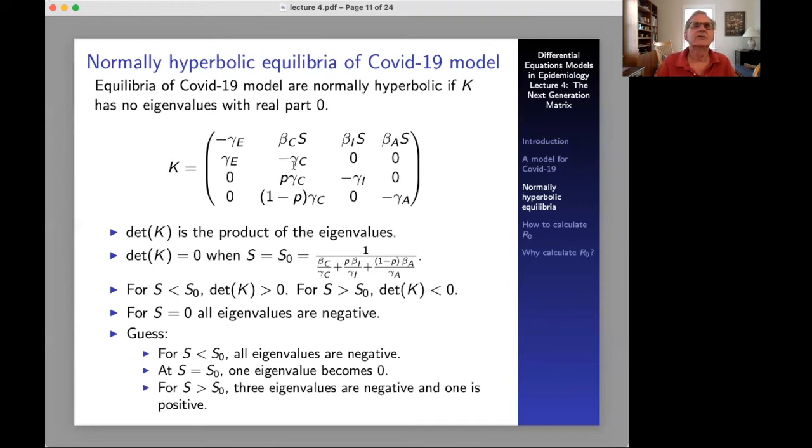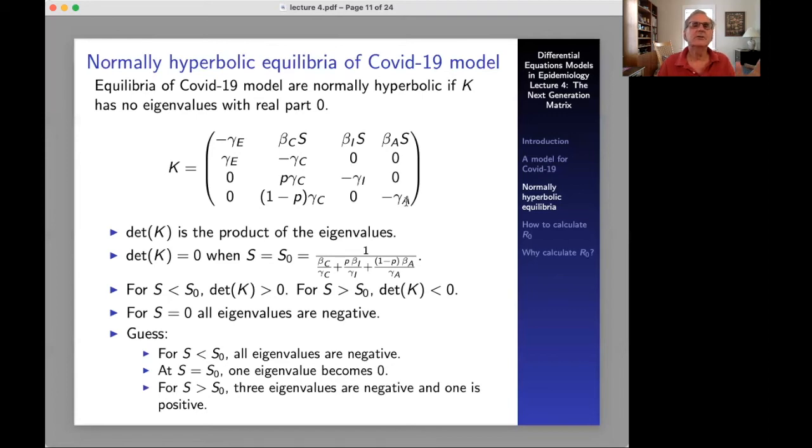They're just the diagonal entries of the matrix. In this case, all 4 eigenvalues are negative. And the determinant, which is always the product of the eigenvalues, multiply 4 negative numbers together, you get a positive number.